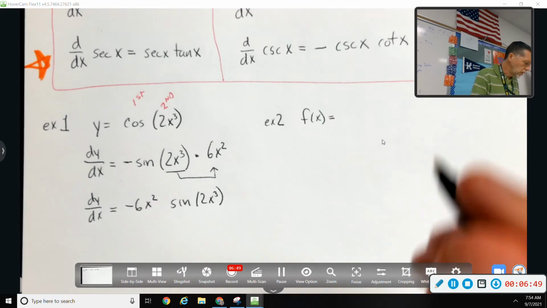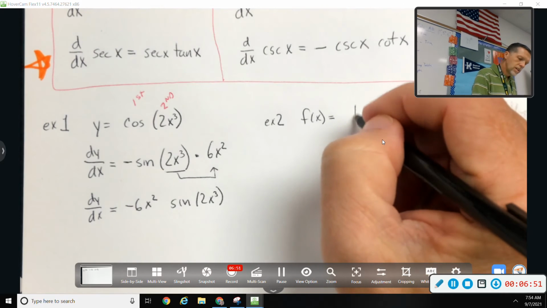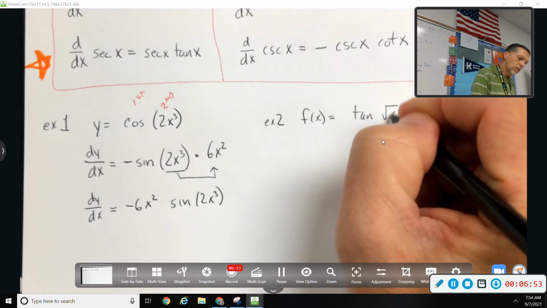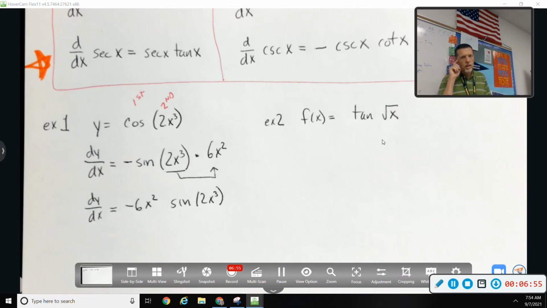Example 2. Tangent of the square root of x. There's at least two issues in this one. What are you going to do first, the tangent or the square root? What are you going to handle first? The tangent. And then I don't like square root, so I'm going to rewrite this.